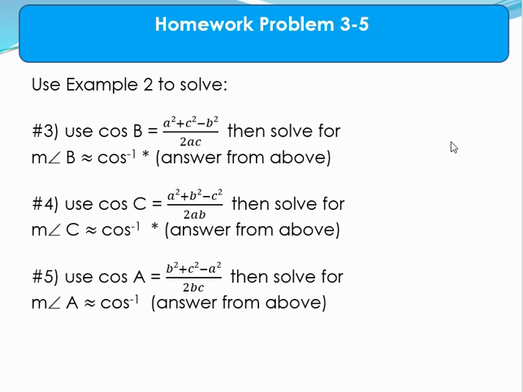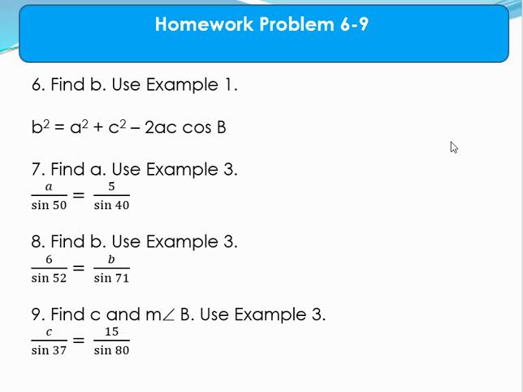And number 4, you're using cosine C. Here's the equation. You'll solve, and then you'll substitute the answer for the measure of angle C. And number 5, you'll use cosine A, then solve for the measure of angle A by using the answer and multiplying by cosine -1.